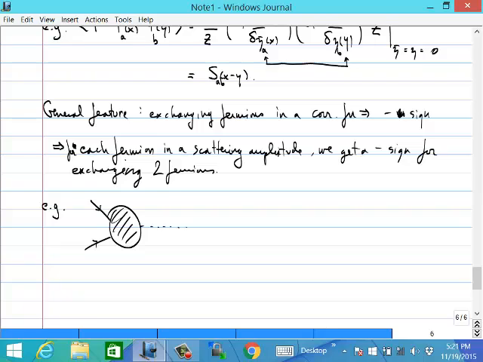But let's just say that we have two identical fermions, two electrons, with momentum P1 and P2 that come in to form a boson. Then if you consider a scattering process where you have fermions with opposite momentum, so we're exchanging the momenta of these two identical particles, then this will be related by a minus sign to that original diagram.